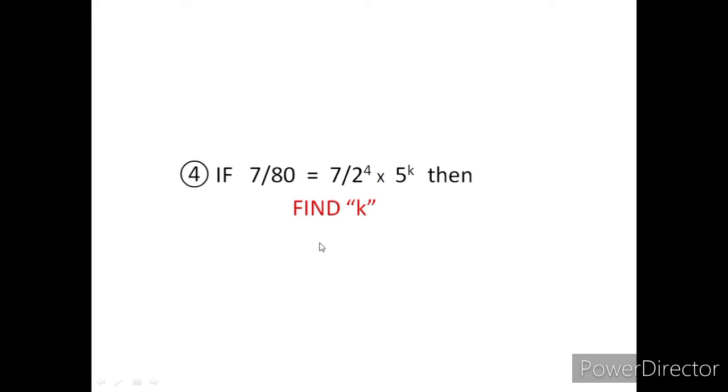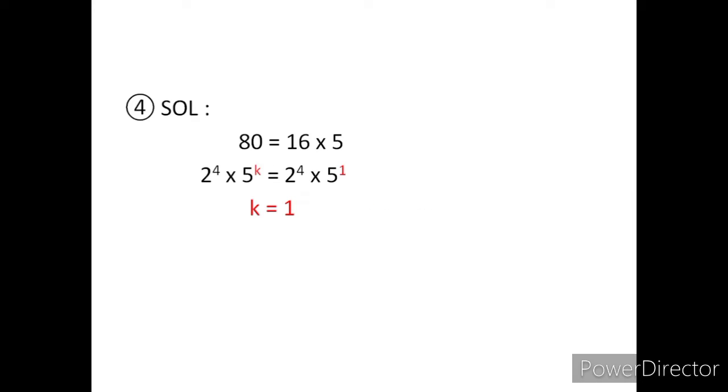Then go to next one. Pause it, watch it and try to solve it. Then go for solution. Here, according to the problem, both numerators are equal, 7, 7. The denominator is like this, 80. So 80 can be written as 16 into 5, isn't it? Therefore, this 80 can be written as 2 power 4 into 5.